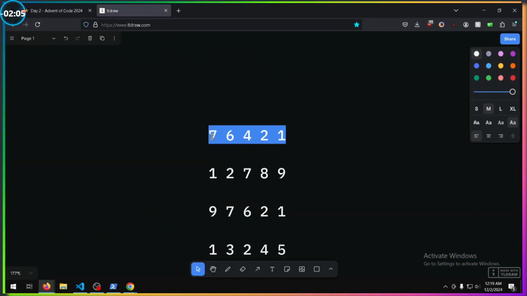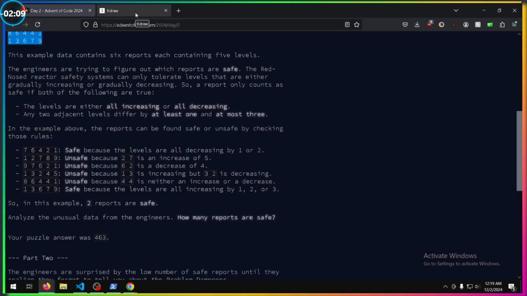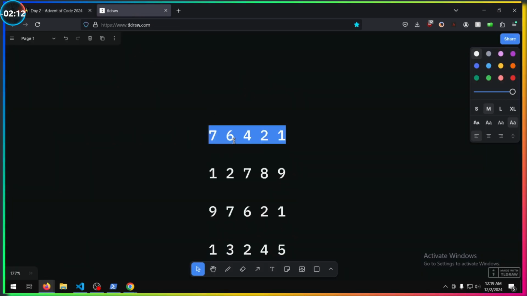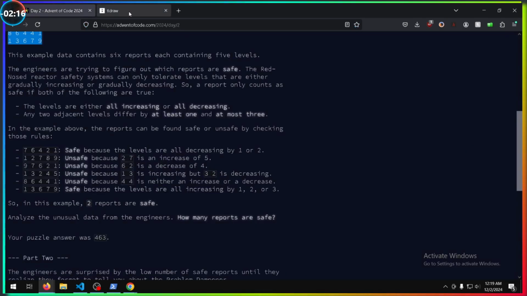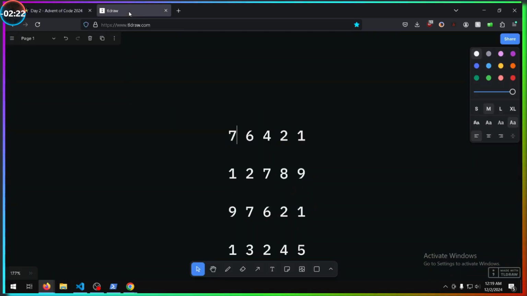Okay, so they define each line as a report, and they need to determine if the report is safe, where each of the numbers is a level, which I'm guessing is an elevation thing. Yeah, they can differ by that much. So some form of elevation thing.